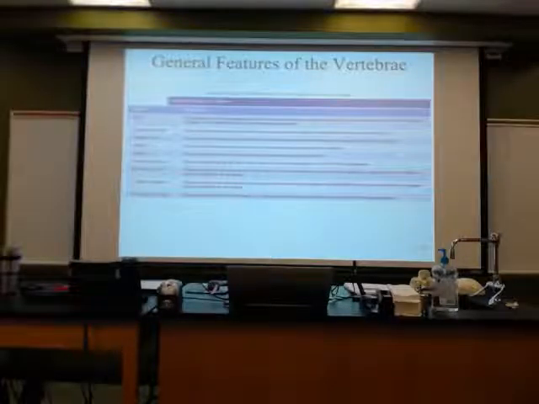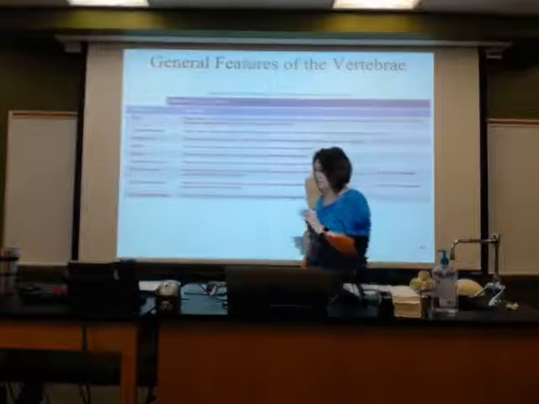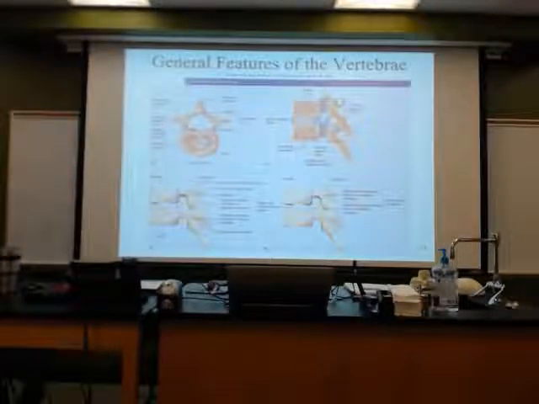However, this structure of a vertebra is not by chance, okay? One of the biggest things we're doing is protecting the spinal cord. The other thing we're doing is allowing for the exit of those spinal nerves.